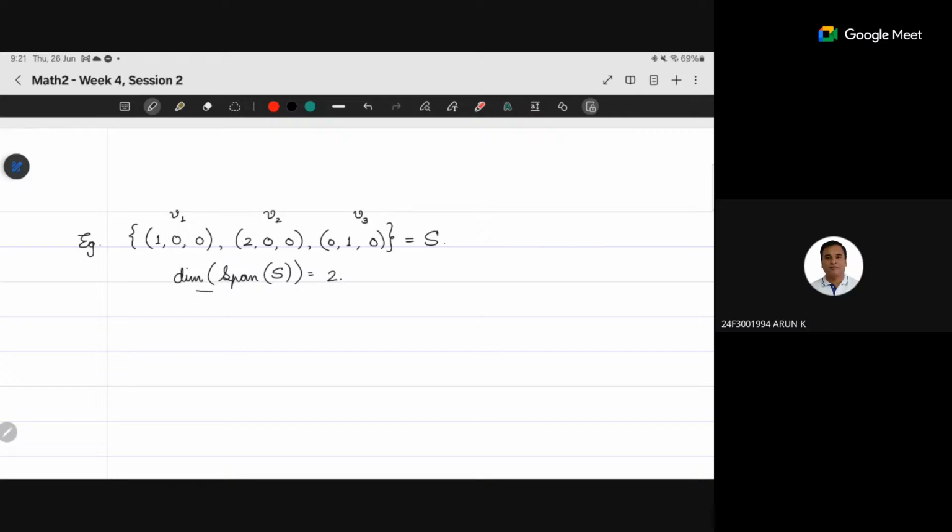But let us see, what does dimension of span of S equal to 2 mean? Dimension is the cardinality, or the number of elements in a basis, right? So can you give me a basis for span of S? We can just take S and remove either V1 or V2.